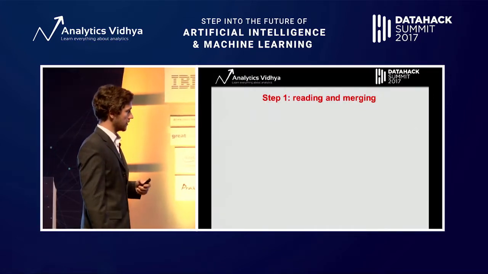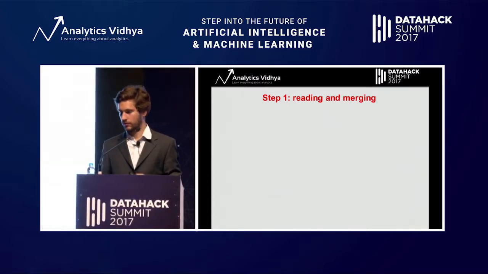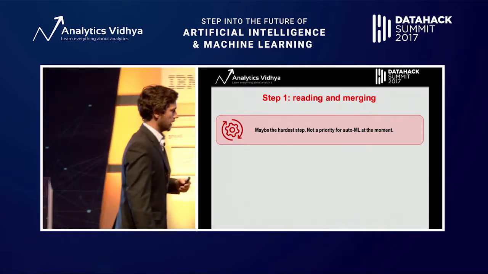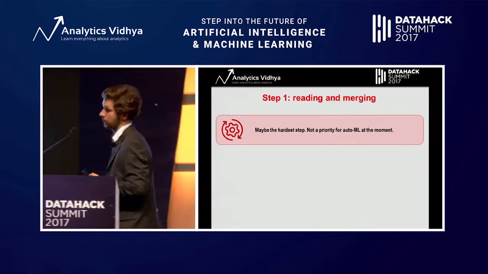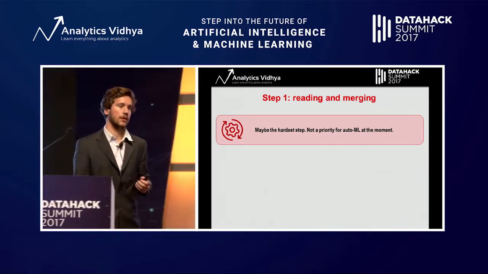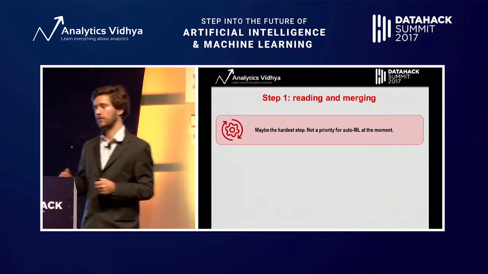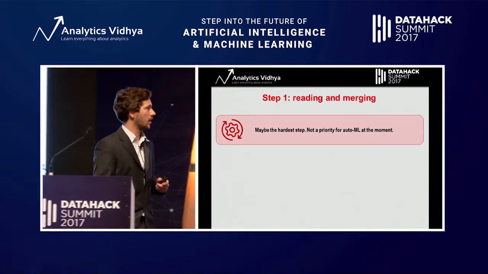Okay, so now let's focus on the different steps. So step one, reading and merging. Today, maybe it's the hardest step. It's not automated, or it's difficult to automate. It has always been, let's say, manual. You always read your data manually, and merging is even more hard.